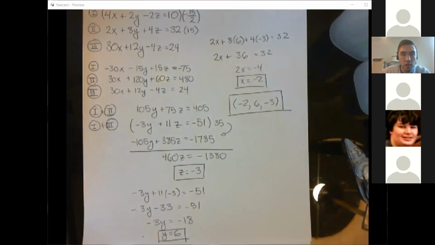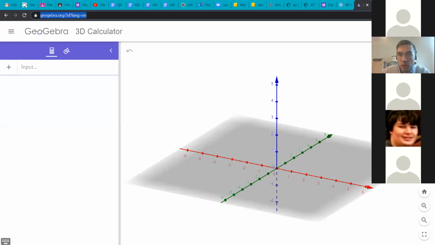But everybody take a peek at your screen, even if you zoned out. Check this out. So do y'all see my GeoGebra 3D calculator screen? Yeah. Okay. So the same way that equations of the form y is equal to mx plus b represents a line, always keep in mind that these equations represent planes in 3D space. And for at least one of the homework problems, I want y'all to take a look at it here in GeoGebra.